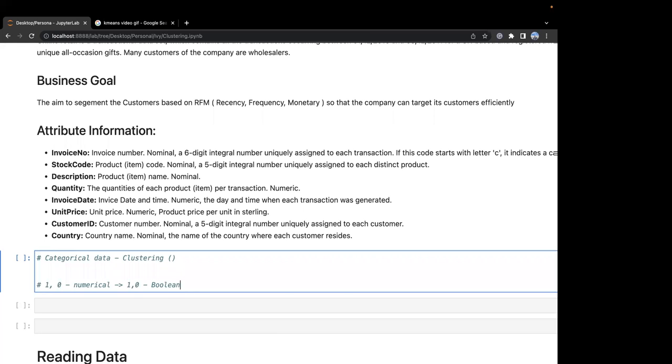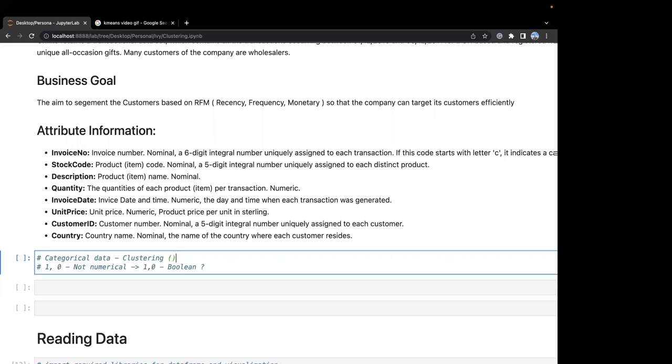Is everyone clear? Yes or no? So, because they are not numerical, distance is not a valid measure for them. Guys, yes or no? Everyone? So, what will we do?